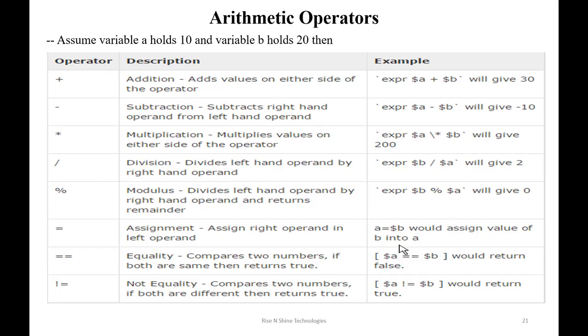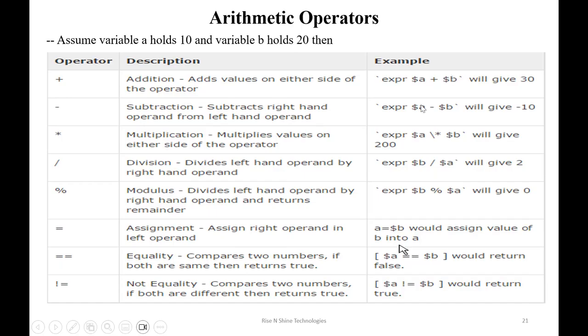Is it clear about those arithmetic operators? How do we execute them? Normally, these first five or six operators we use to perform arithmetic calculations. But when implementing conditions, we use double equals or not equals. These are condition-based statements.